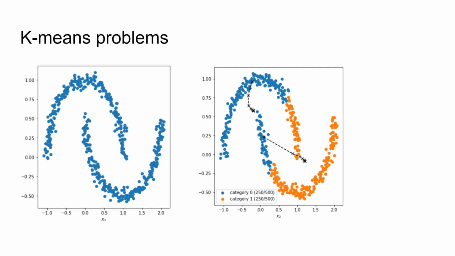The assumption that we can have one ideal prototype and just worry about the distance to that prototype doesn't seem to hold for data like this. So this is an argument that for some types of categories, we're going to need something else.